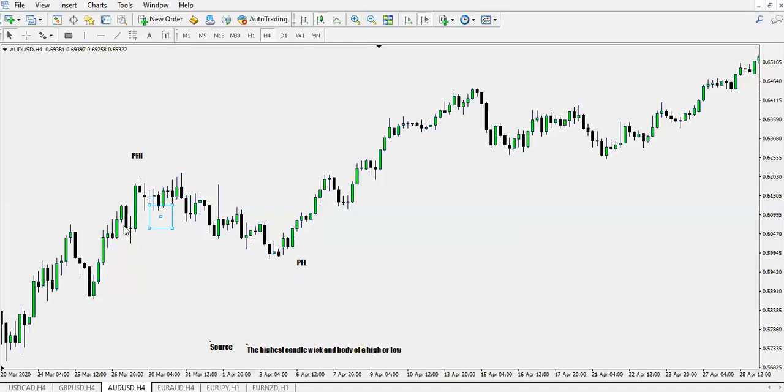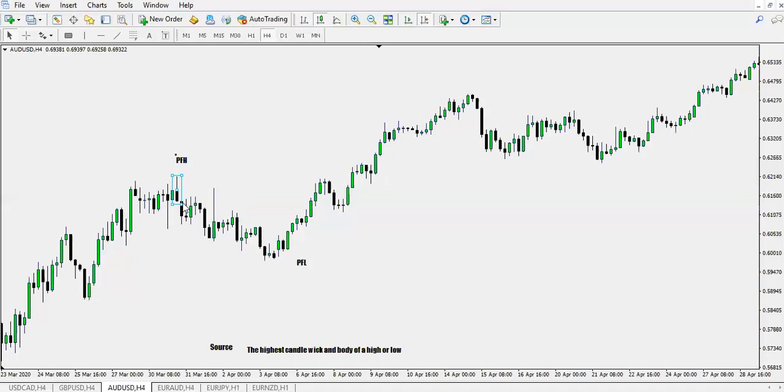And sometimes as price is trading, we don't know where the high will be, but you can follow price, and when it makes a high, we can see that this bearish candle here created our source. So that is our source candle for this peak formation high, and it's the same as the order block.